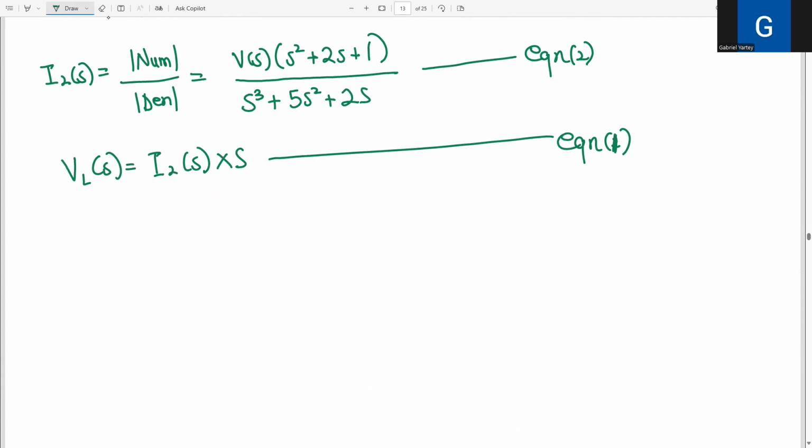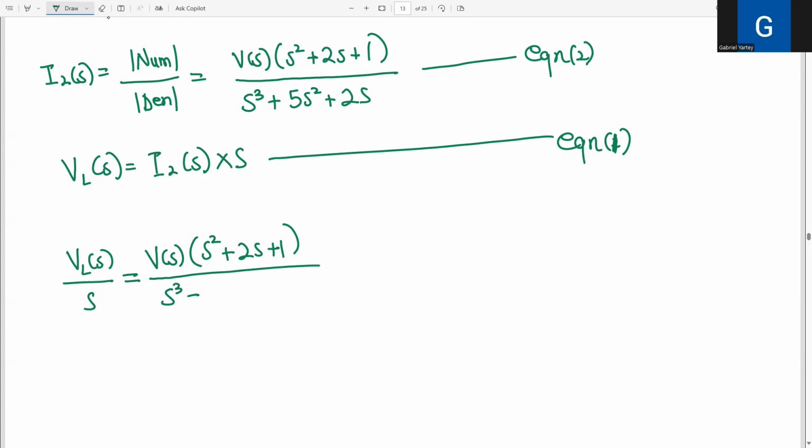So I have to make I2 of s the subject here, and then substitute it here. When I do that, I'm going to get VL of s over s is equal to V of s multiplied by s squared plus 2s plus 1 all over s cubed plus 5s squared plus 2s.